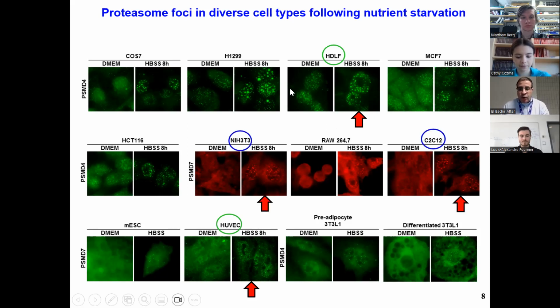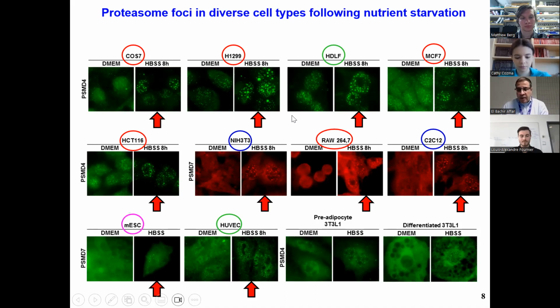He can also see that in immortalized cells. Again, with nutrient deprivation, we can see nicely the foci. And in cancer cells, many cancer cells, we can also see this localization of the proteasome in distinct nuclear foci in the nucleus.